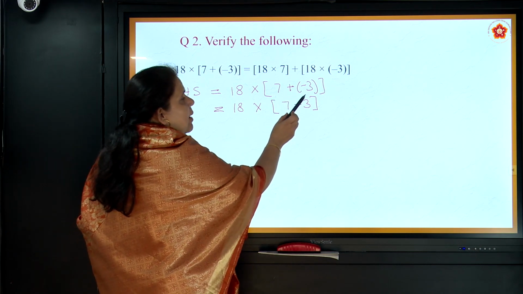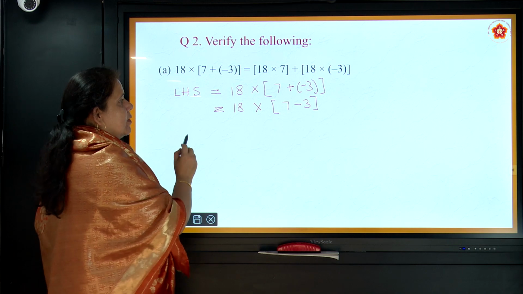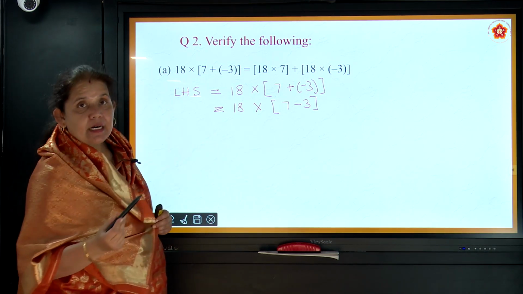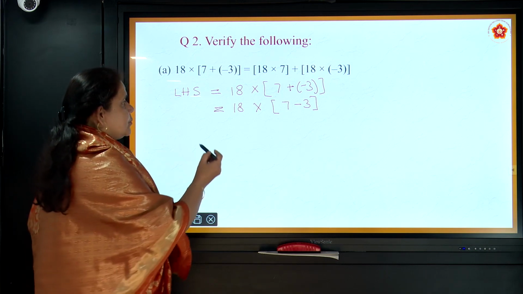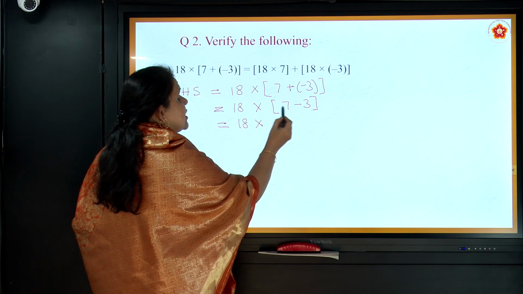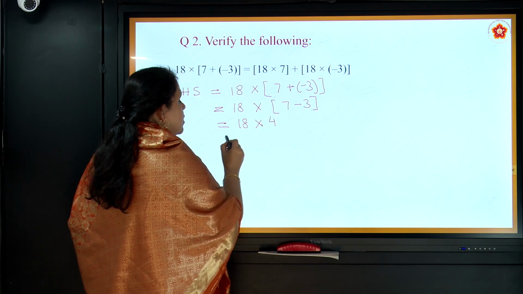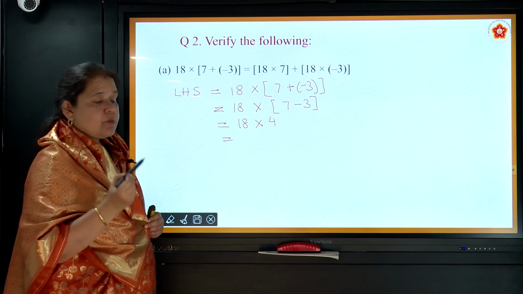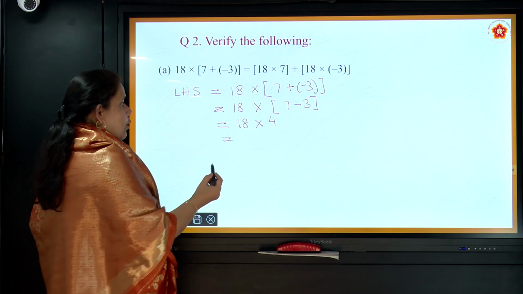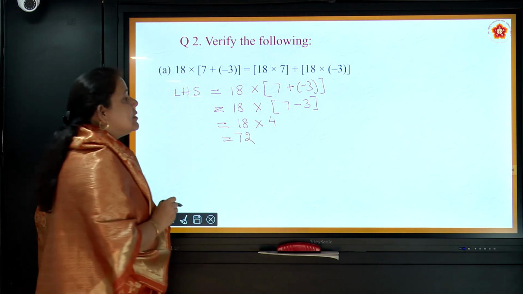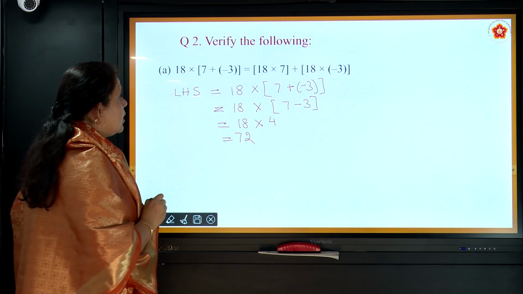We are adding minus 3 to 7. So adding minus 3 to 7 is same as subtracting 3 from 7. What is the answer? We are solving the bracket. It is 4. 7 minus 3 is 4. Now just multiply 18 by 4. We get the answer 72.